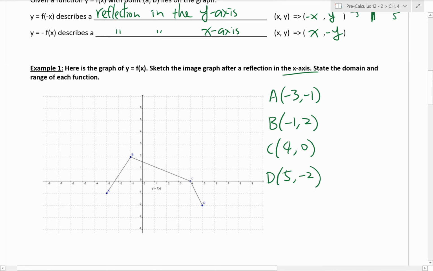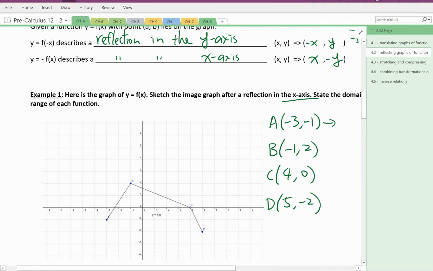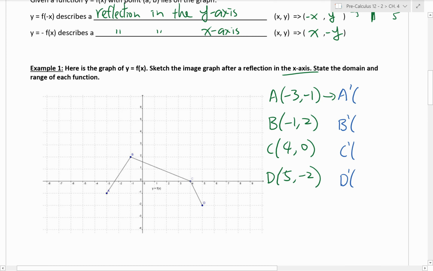Okay, so here are 4 points. This is going to turn into A prime, B prime, C prime, D prime, like I showed you last time. We are reflecting over the x-axis. So here is the x-axis. If you're reflecting over this way or that way, that means we're changing the y values.